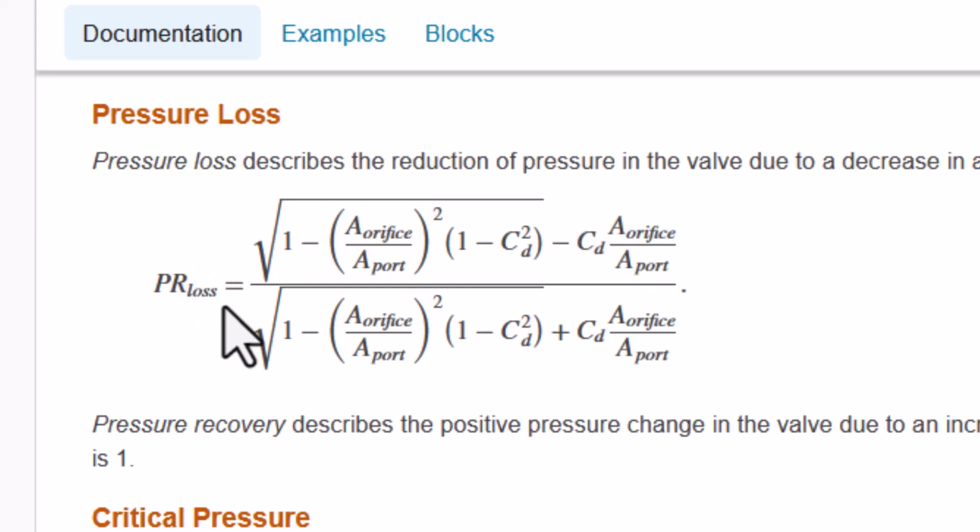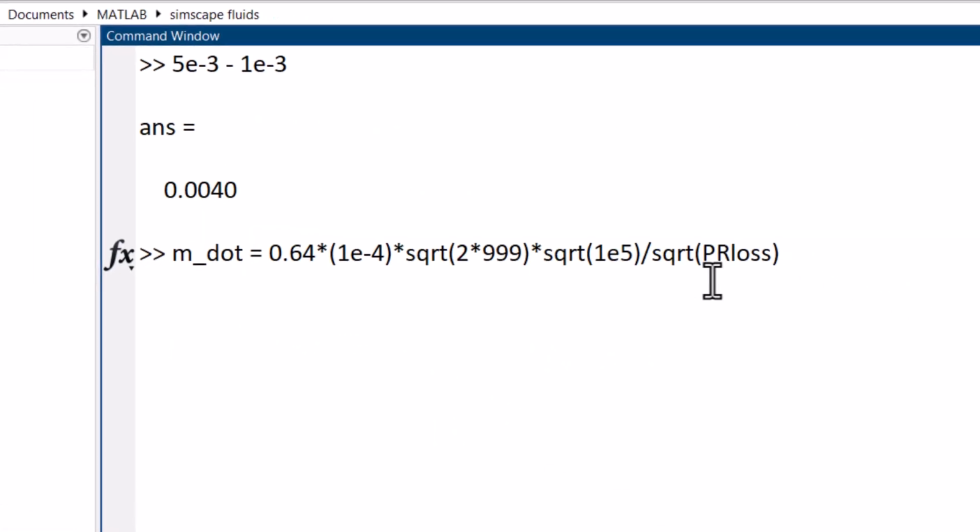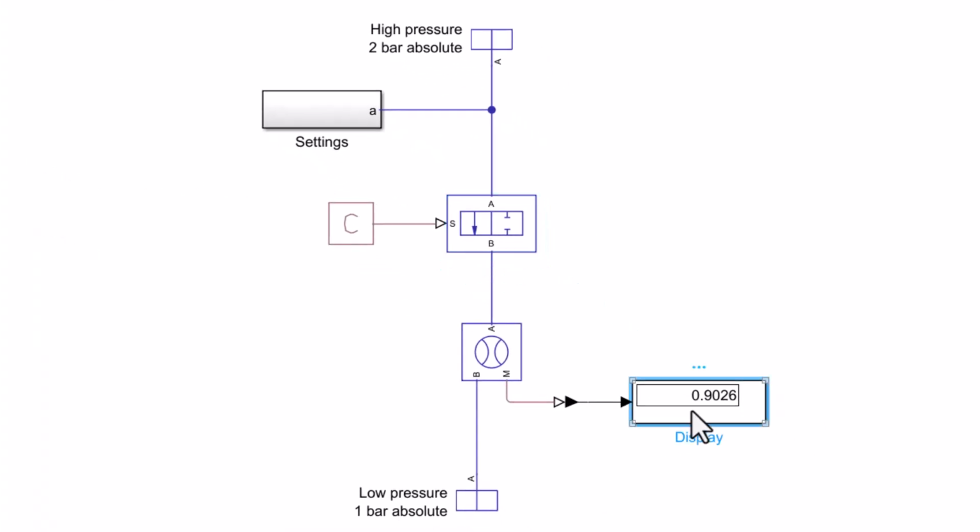So the pressure loss term is going to be equal to the square root of 1 minus 0 over the square root of 1 minus 0. So it is equal to 1. And you can see that this calculation gave me this mass flow rate, 0.90, which is almost equal to the value that the simulation gave me.